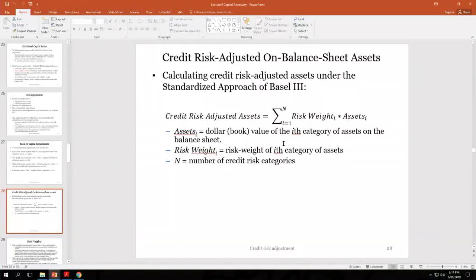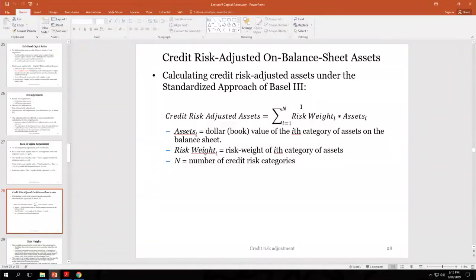And for on-balance sheet credit risk-adjusted assets, this is the formula you should use. So basically, you need to assign a credit risk weight for each asset on the balance sheet and then multiply the weight with the balance of the assets. And this credit risk weight reflects the risk of the asset. So basically, the higher is the risk of the asset, the greater is the weight, right?